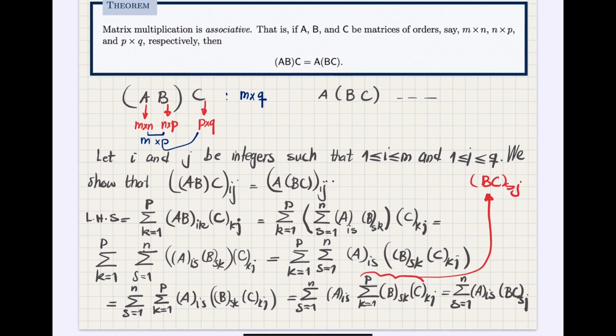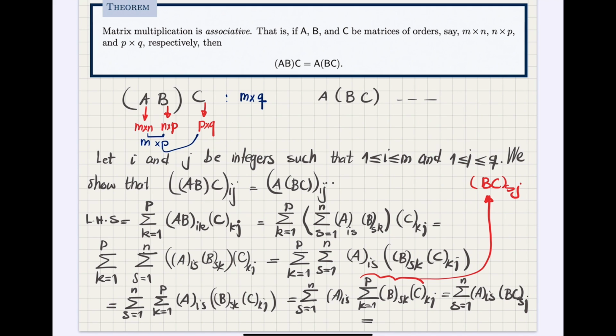Now can you tell me and finalize the problem? What is this one now? You see, I have a sigma and two matrices with indices, and this middle index S is equal, and that is the counter of your sigma, and the top one is actually the number of columns of A, or equivalently the number of rows of this.